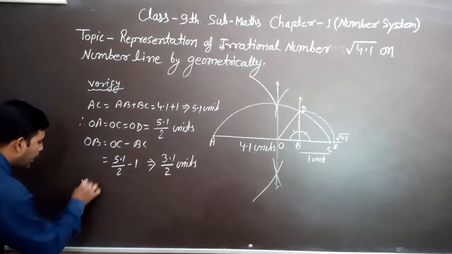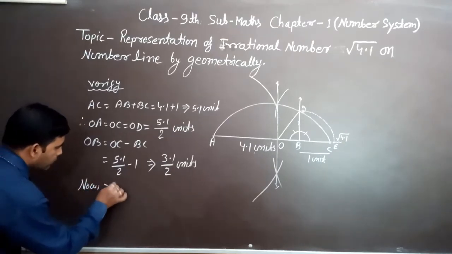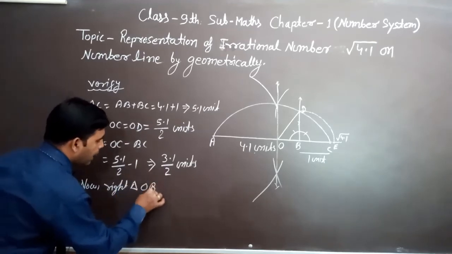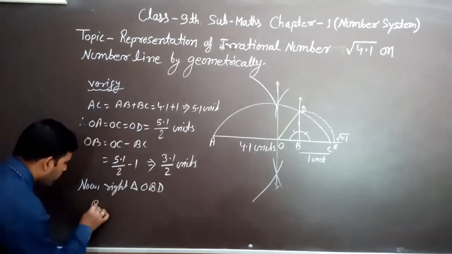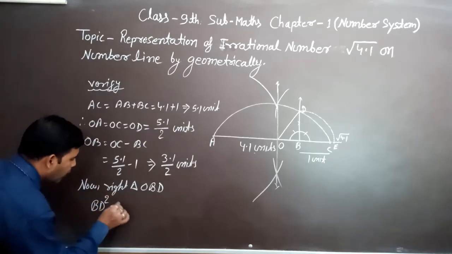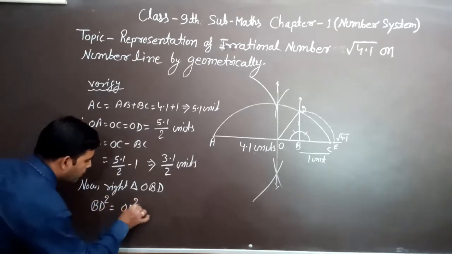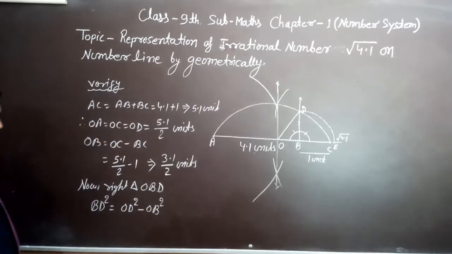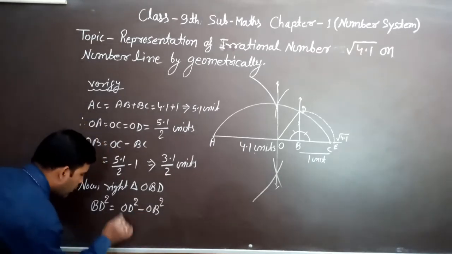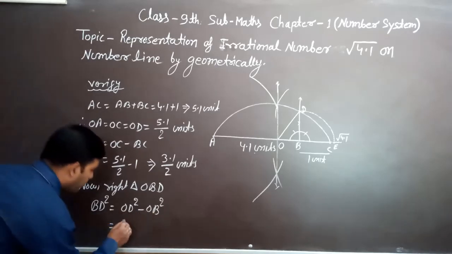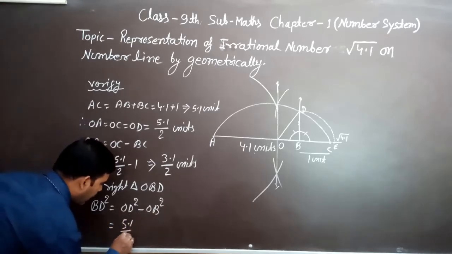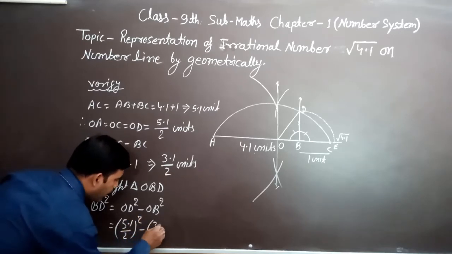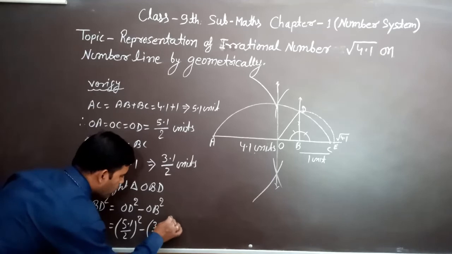So now in right triangle OBD, BD square is equal to OD square minus OB square by using Pythagoras theorem, and we substitute the values of OD and OB: (5.1 by 2) whole square minus (3.1 upon 2) whole square.